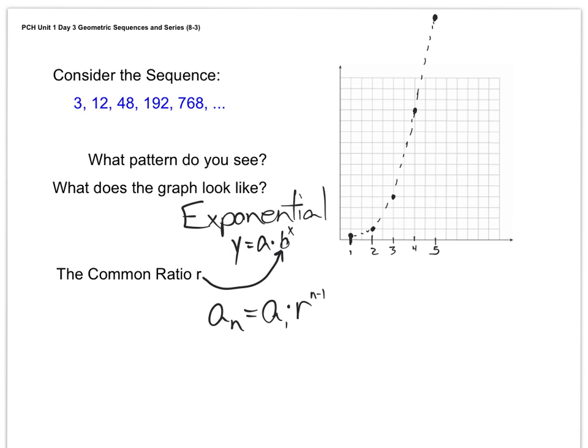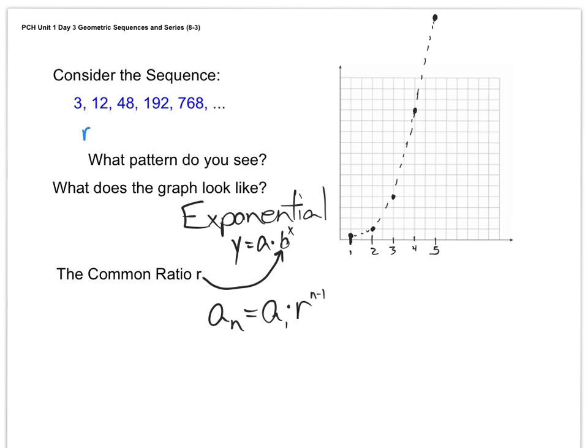The common ratio is that value of r, and that's how much the term is going to be multiplied by to get from the term you're at to the next term. In our example here, what is our common ratio? 4. Yeah, 4. If you're trying to figure that out, make sure you always divide one term by the one before it.